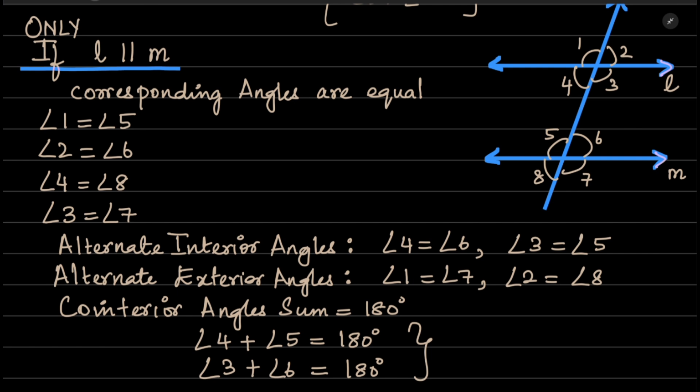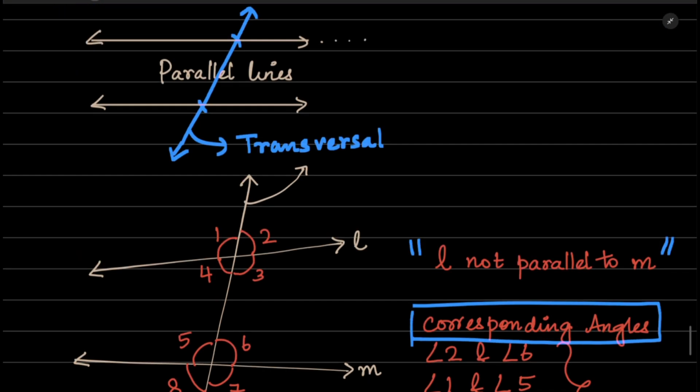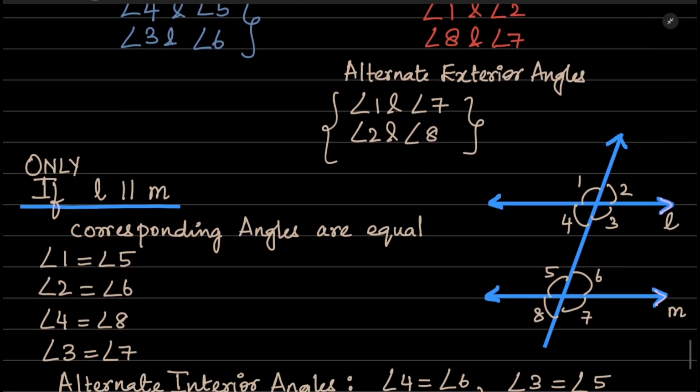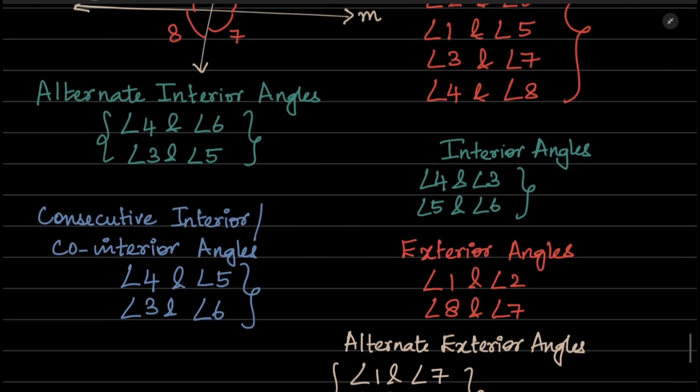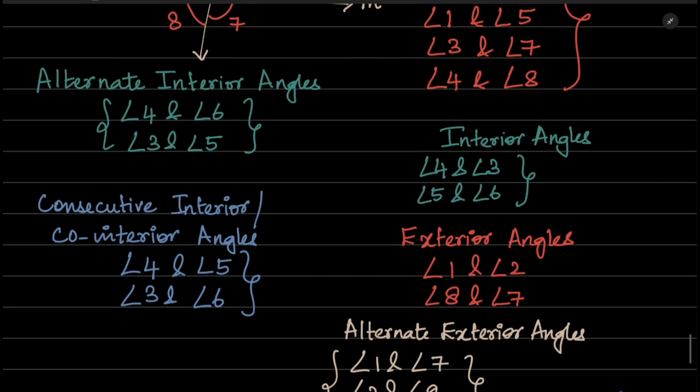So in today's video we solved a lot of questions related to when two lines intersect each other, you have vertically opposite angles that are equal. We saw that the sum of angles in a straight line is 180 degrees and we solved some problems there as well, right? And then we saw, when you have two lines that are not parallel to each other, how to identify corresponding angles, interior angles, alternate interior angles, co-interior angles, exterior angles, alternate exterior angles.